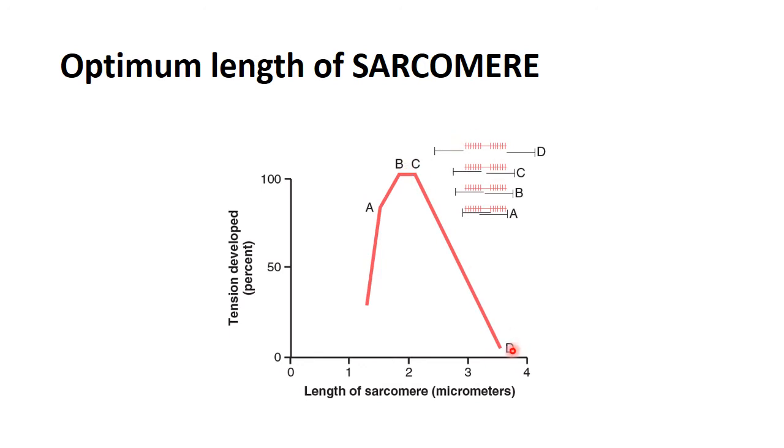Now at point D, when it crosses 3 and goes near 4 micrometers in sarcomere length, there is overstretching and you will find no cross bridges between the actin and myosin filaments. So the contraction of the sarcomere, the contractile unit, depends upon the optimal length of the sarcomere.